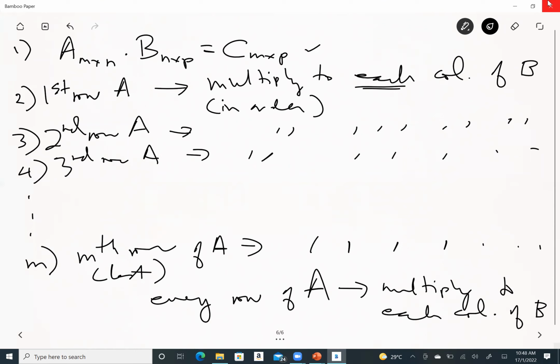And how do you multiply? We use the principle of row matrix multiplied by column matrix. So if we do that, we go back to the notes.